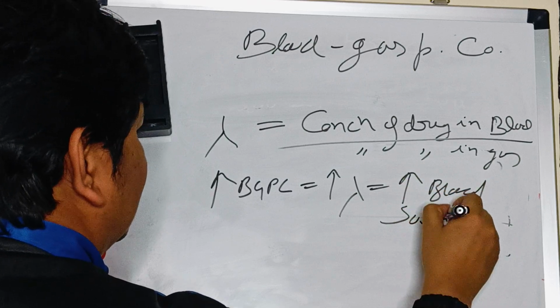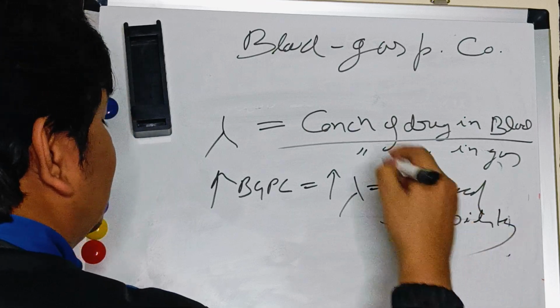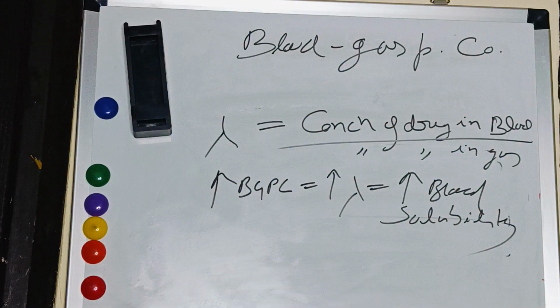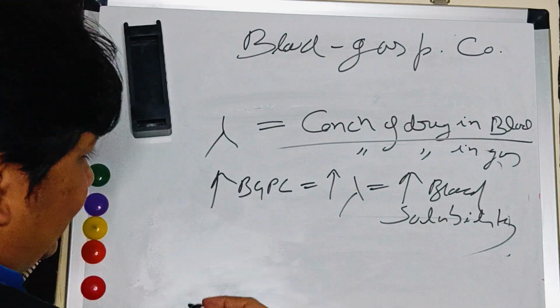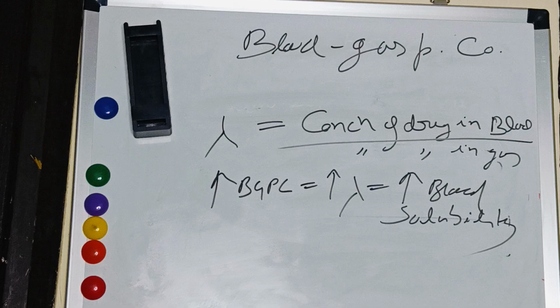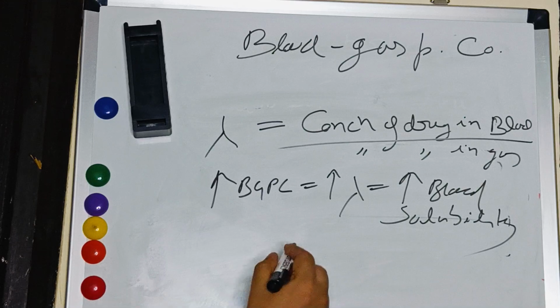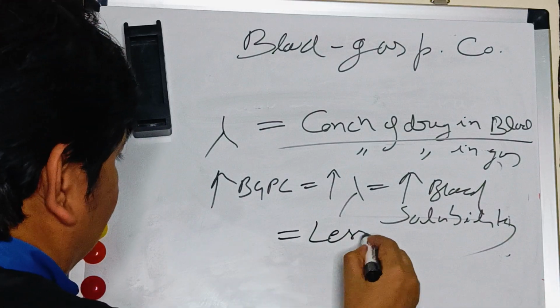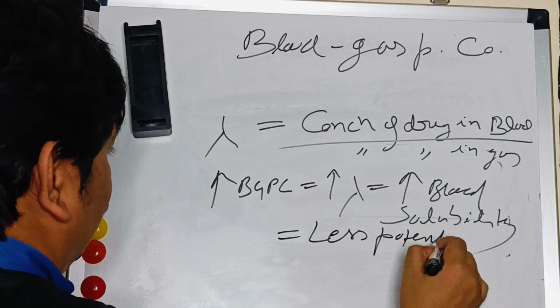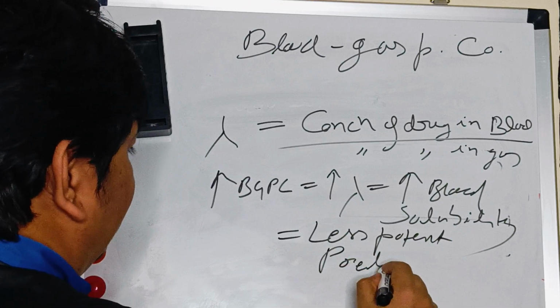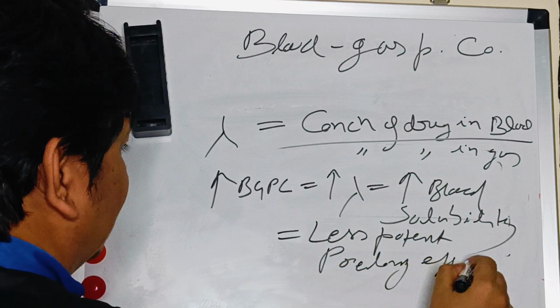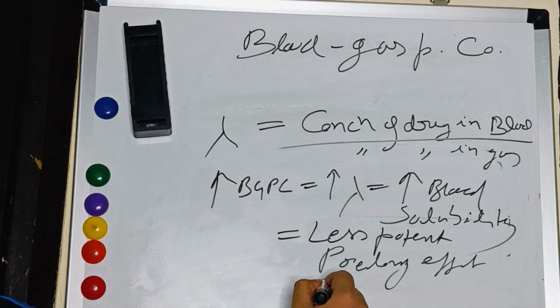It means it will take time to go to the target organ and be effective. So if it gets dissolved in the blood more and more, it needs time to go to the effect site to be effective. So it will become less potent, with a prolonged effect and delayed onset.